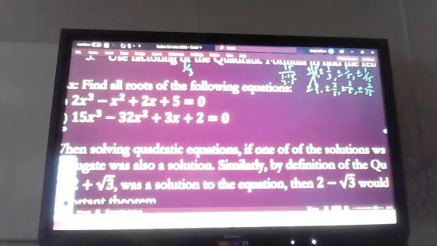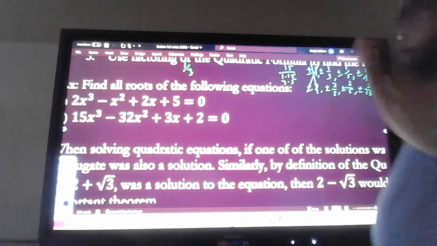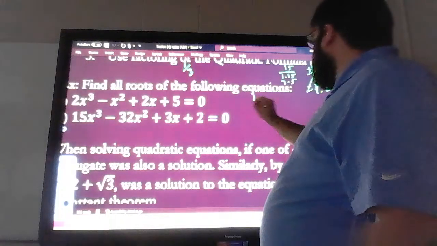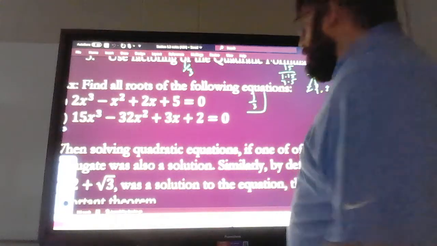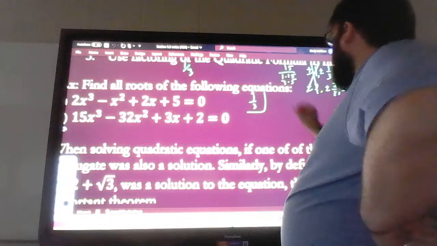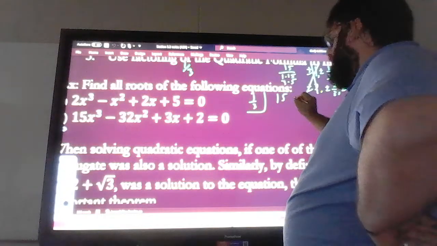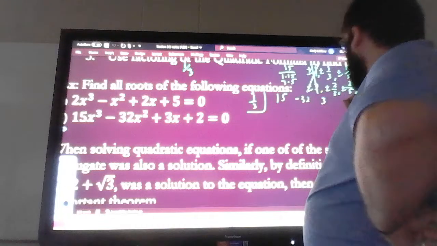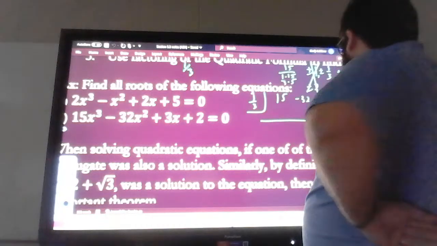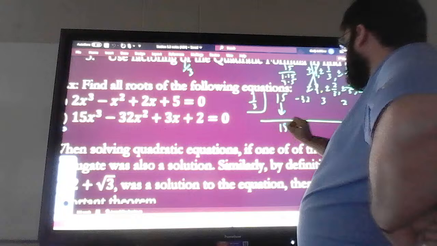Now let's use that number. Let's break it down. We'll use synthetic division, and I'm going to use a fraction because decimals will probably make it a little bit messier than need be. All right, so I have 15, I have -32, I have 3, and I have 2. Here's 15, all right?